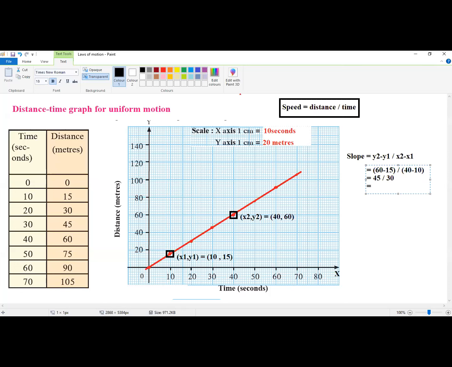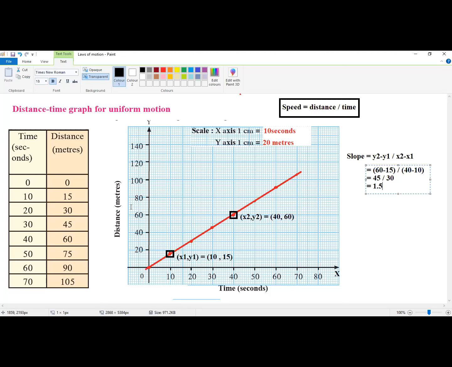So 45 divided by 30, how much is that? It is 1.5, right? 15 threes are 45. So it is 1.5. Now what is the unit of the coordinates we wrote?